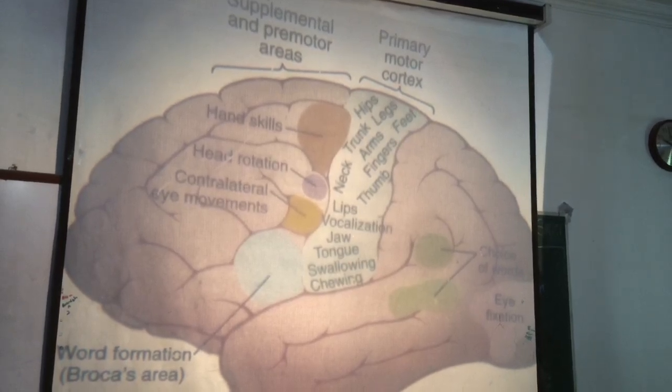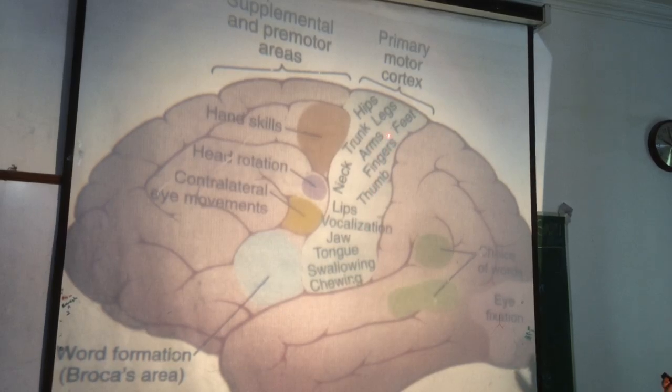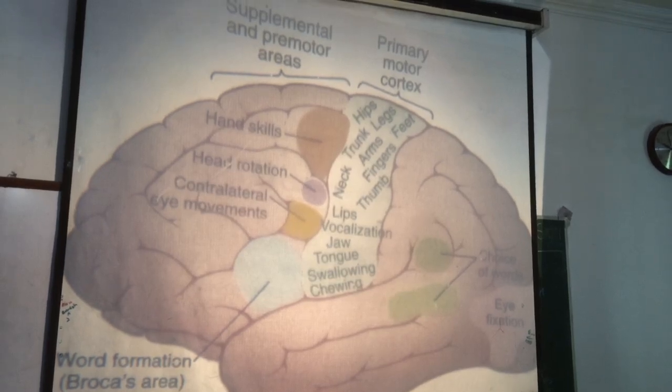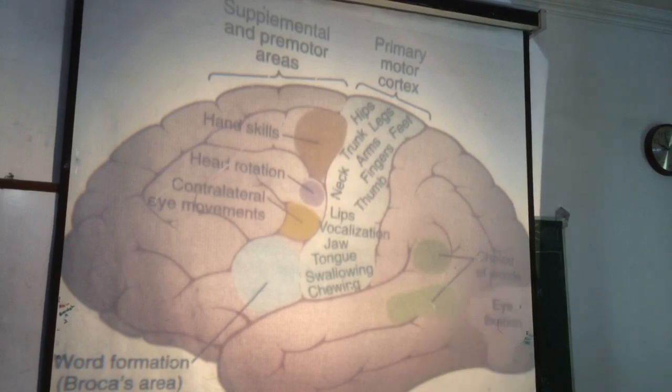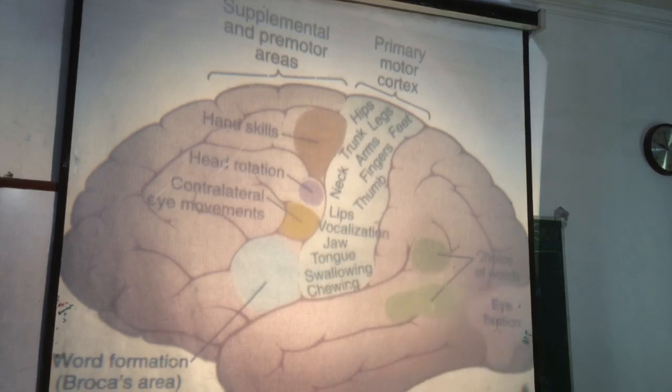In this area, there is topographical representation of the body parts. Different body parts are represented in the primary motor area, and this representation is contralateral.